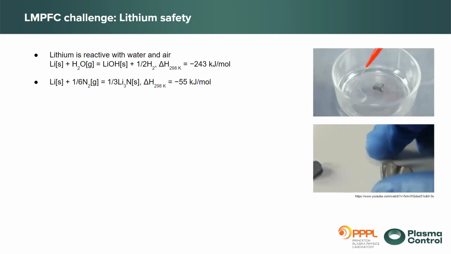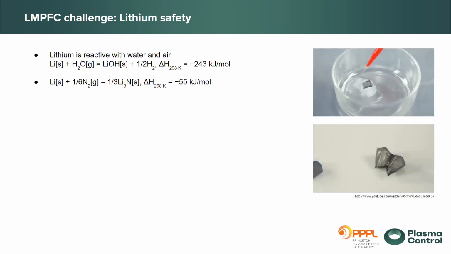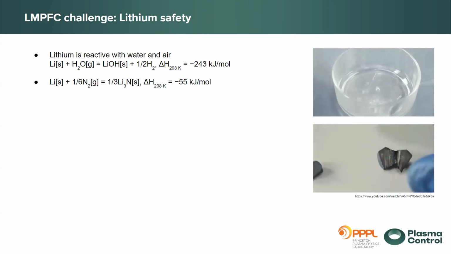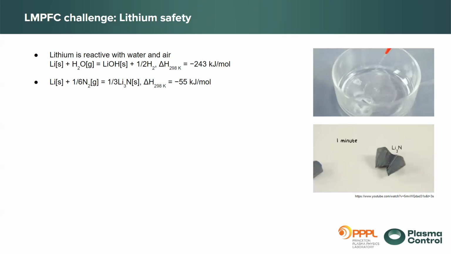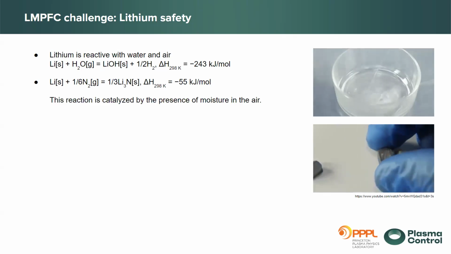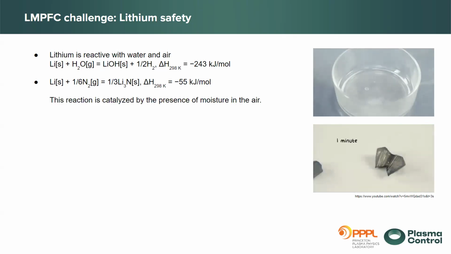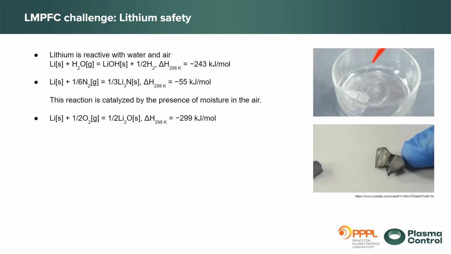It bubbles a little bit and floats around. It's not really very dangerous looking. And on the bottom, you see it slightly changing color over 1 minute, from shiny to this gray color. That's the reaction with nitrogen. All these react pretty fast, and the reaction is catalyzed by the presence of moisture in the air.